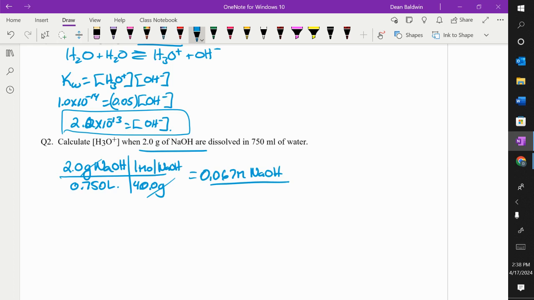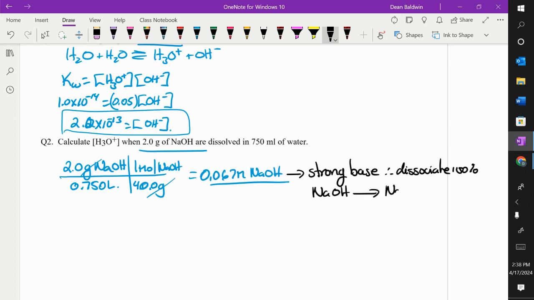0.067. NaOH is a strong base. Therefore it dissociates 100%. So basically it goes NaOH. So if this is 0.067 molar, that means the OH minus is 0.067 molar.